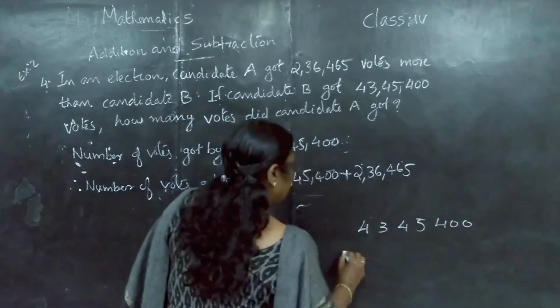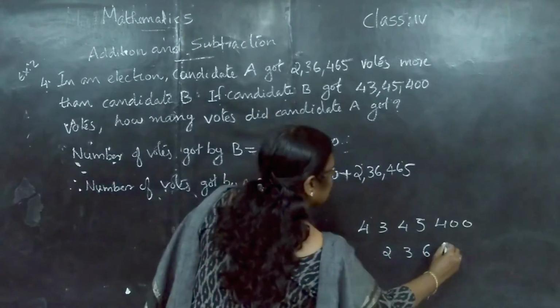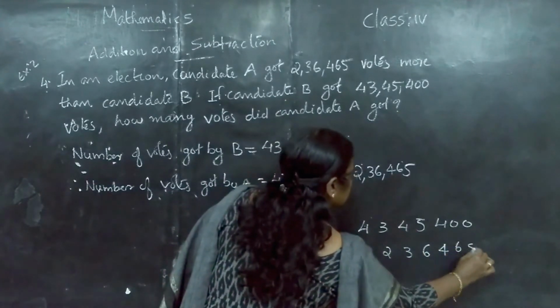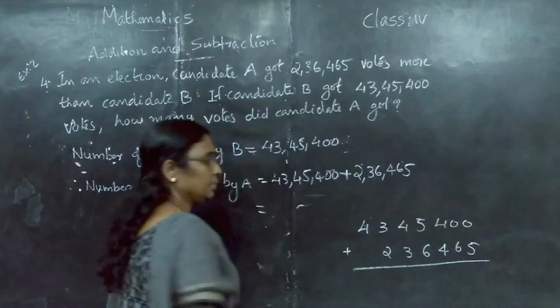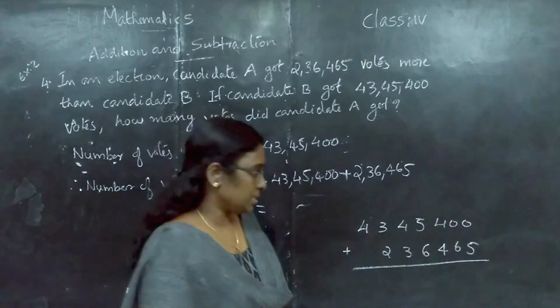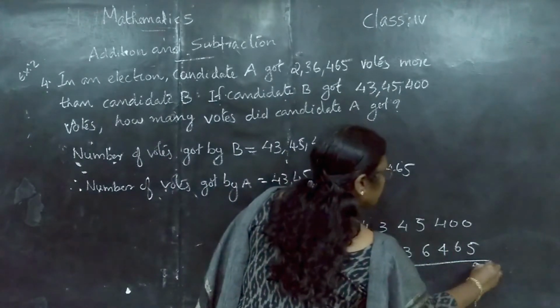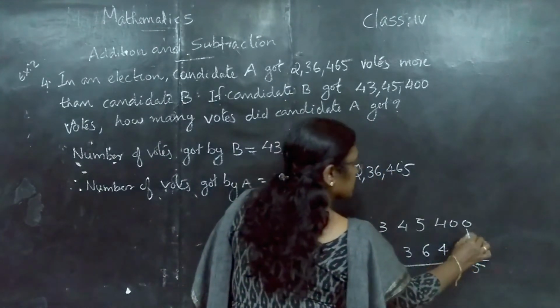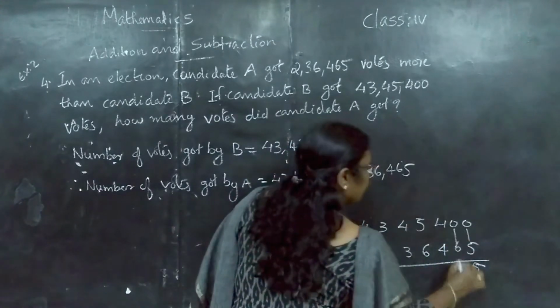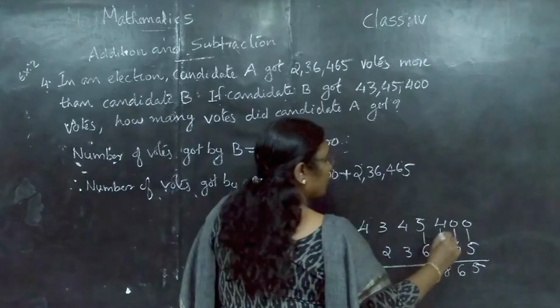Add these two numbers. Addition starts from one's digit. Here 0 plus 5 equal to 5. 0 plus 6 equal to 6. 4 plus 4 equal to 8. 5 plus 6.